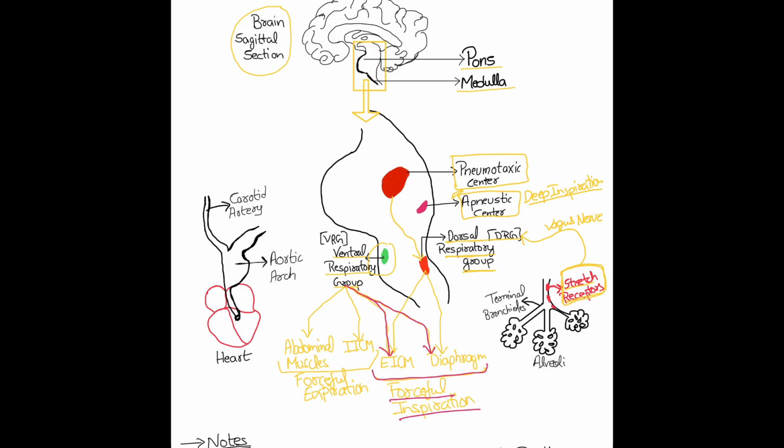So it is the emergency. In emergency, it activates. In the normal case, the pneumotaxic center regulates it. But in emergency, if the impulse does not reach the DRG, then the stretch receptor is the emergency gateway to stop the inspiration.